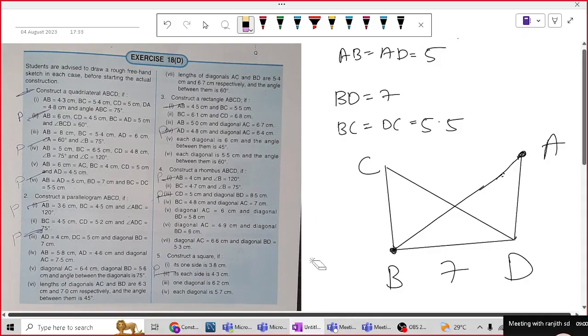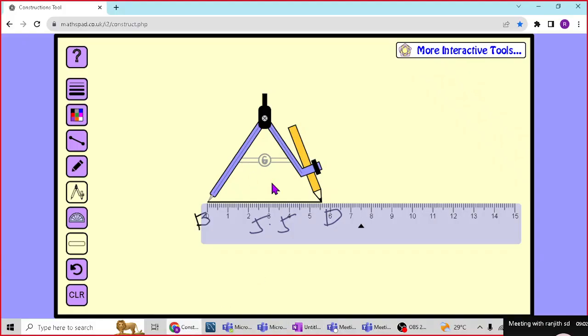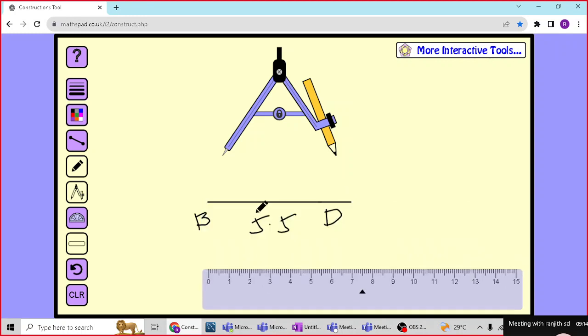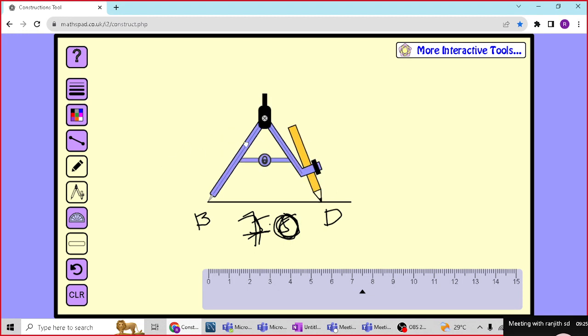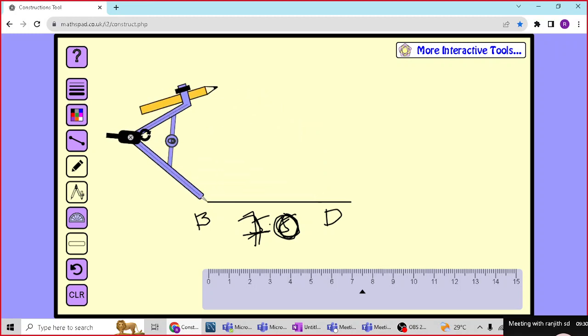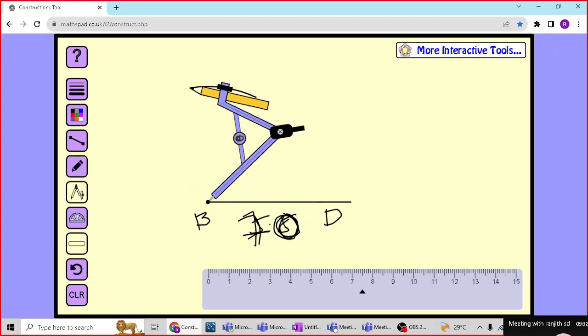BD is 7, so let me draw 7 as the base. Then keep the compass on B and cut an arc. I've taken 5.5, right? BC is 5.5.